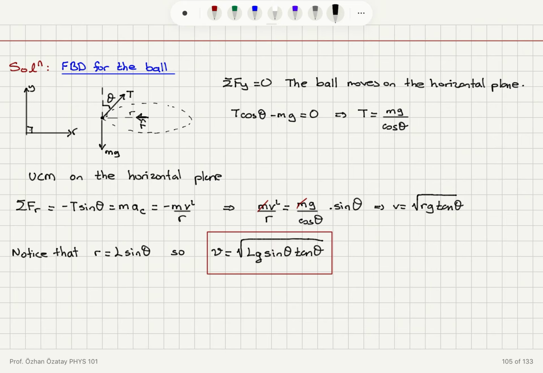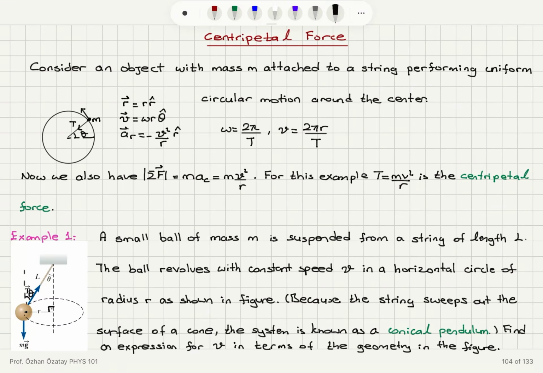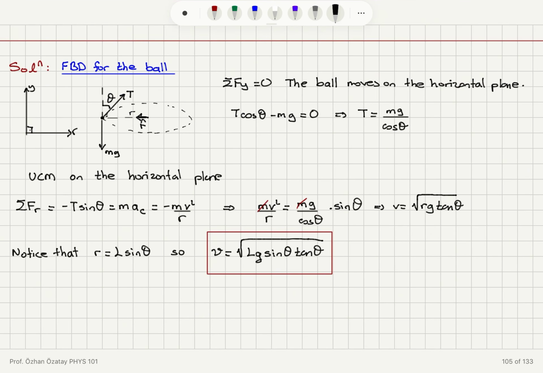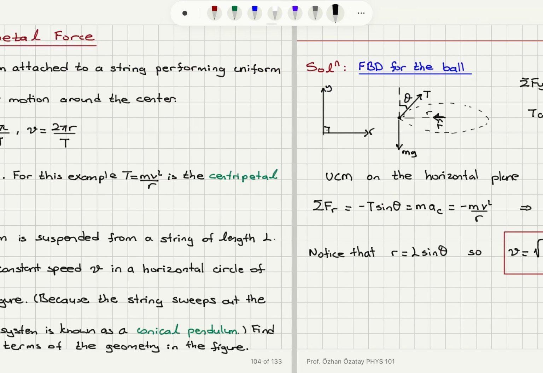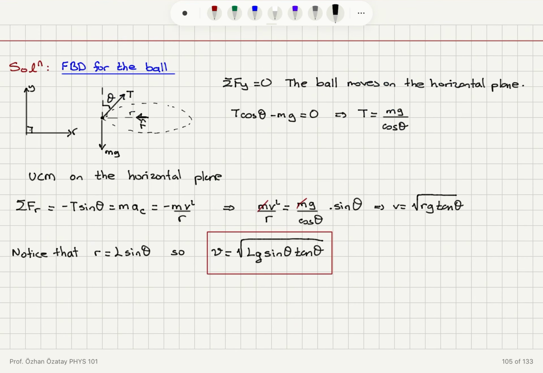And therefore, I can see that the speed is related to the radius of the circle and tangent of the angle theta. And also, the radius of the circle is related to the length of the string. So using this relationship, I can write the speed in terms of the geometrical parameters here, theta and L, for this conical pendulum.